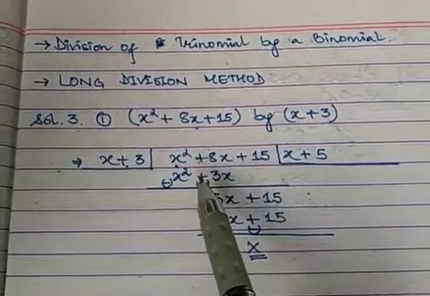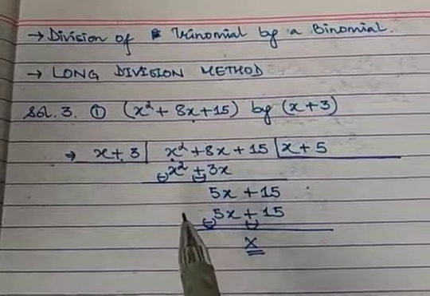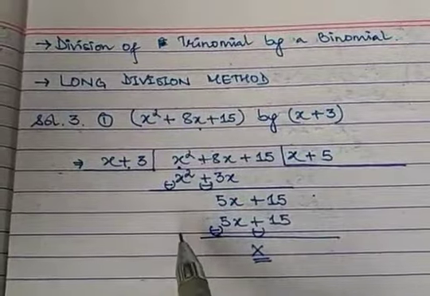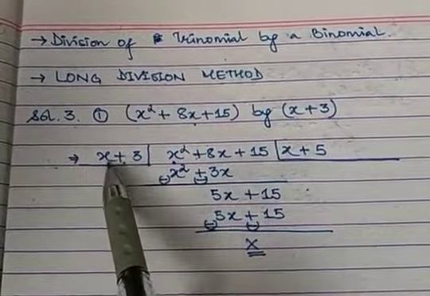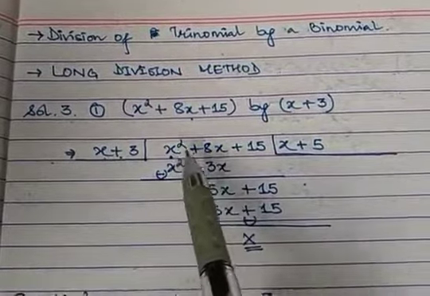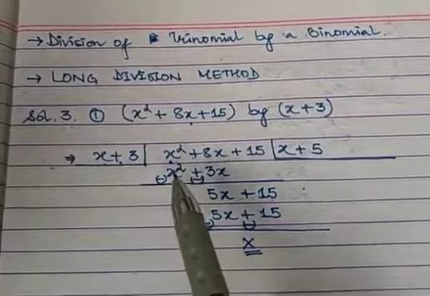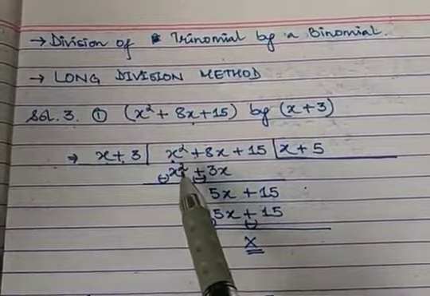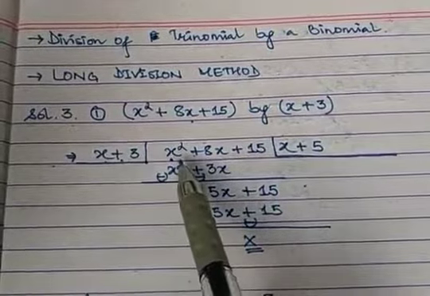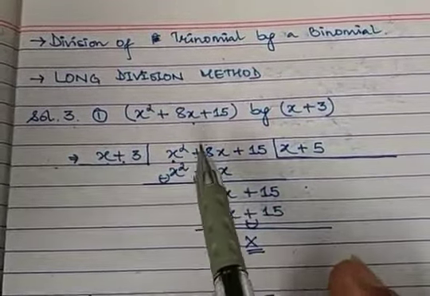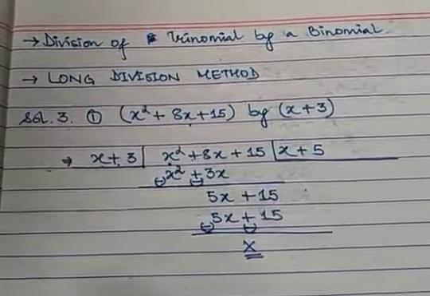The powers of the variables have to be in decreasing order, but only when we are dealing with one variable. Remember that. Here we are just dealing with variable x, isn't it? Though the powers are different, though they are unlike terms, we are just dealing with one variable. So when we are dealing with one variable, we are supposed to arrange the terms first in standard form. Since they are already given in standard form, there is no need to do anything here.